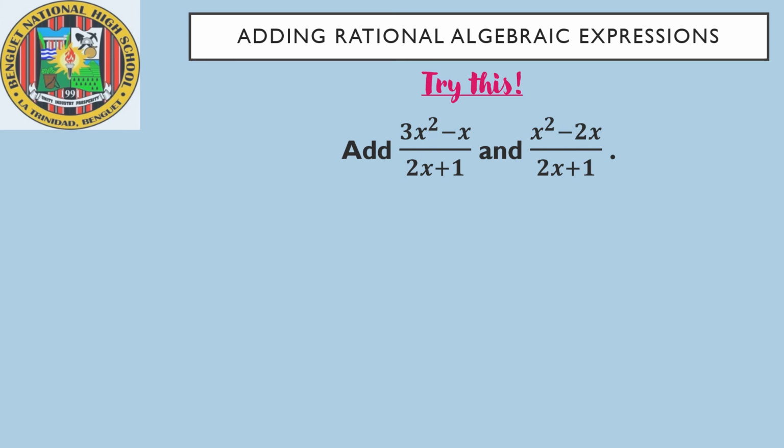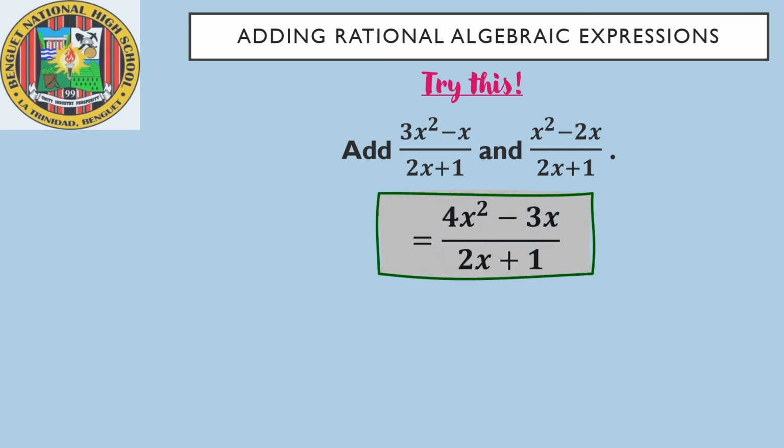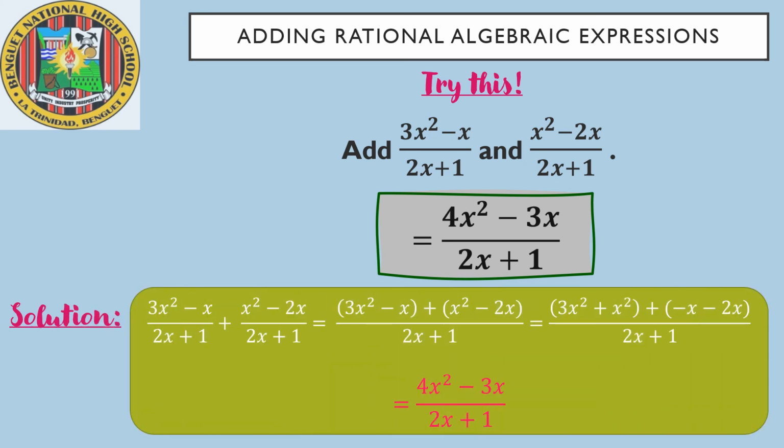Pause this video and solve before we reveal the answer. Done? If your answer is 4x squared minus 3x over 2x plus 1, good job! You've got the correct answer. If you didn't, check out the solution to see where you went wrong.